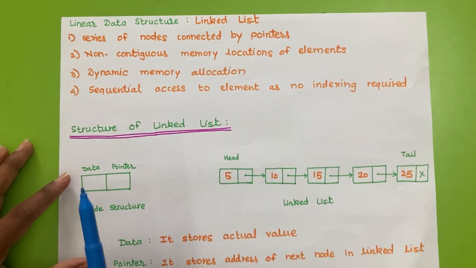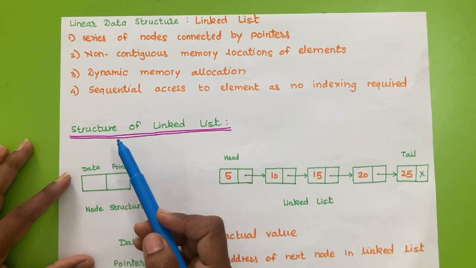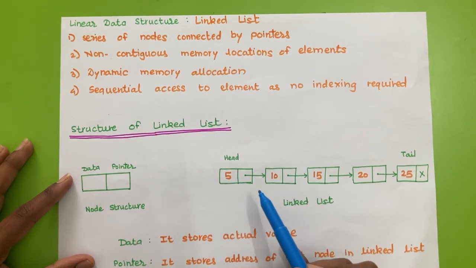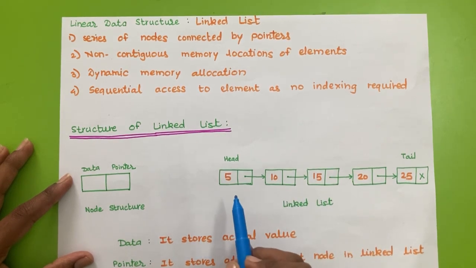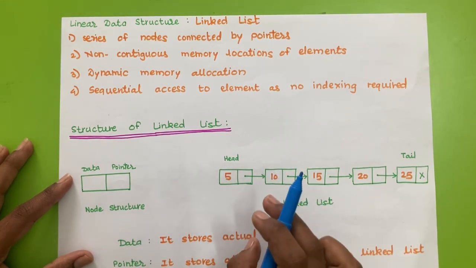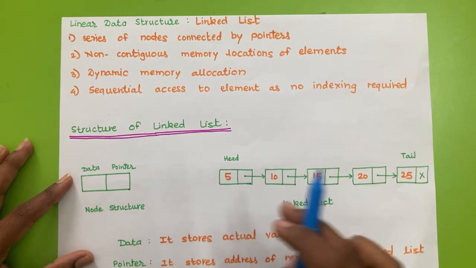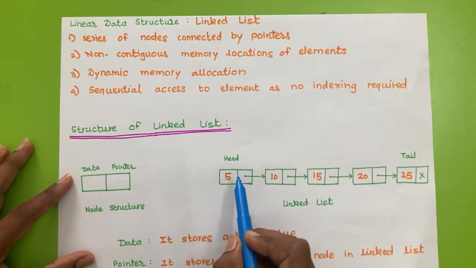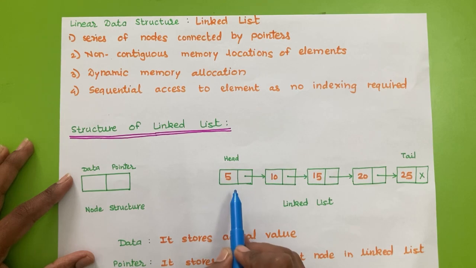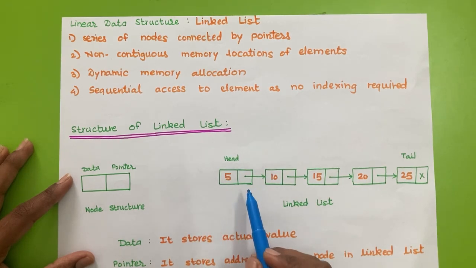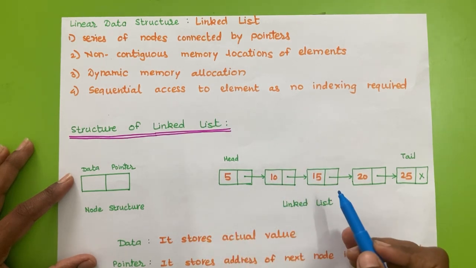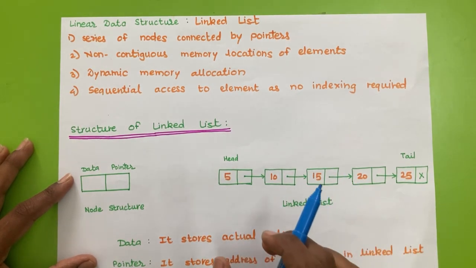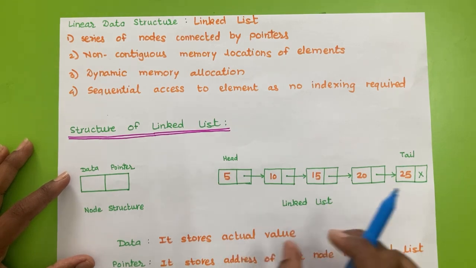Also there is one advantage of linked list, that is, dynamic allocation of memory is possible. Suppose we want to add only one element in a linked list, then we have to assign only one node in the memory. Suppose we want to add more elements, at that time we allocate memory for the remaining elements.